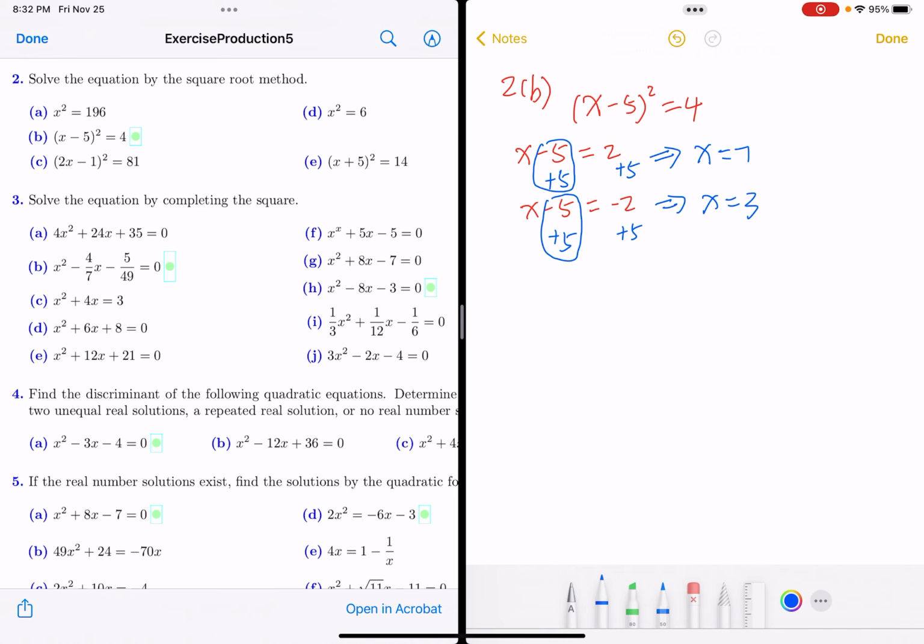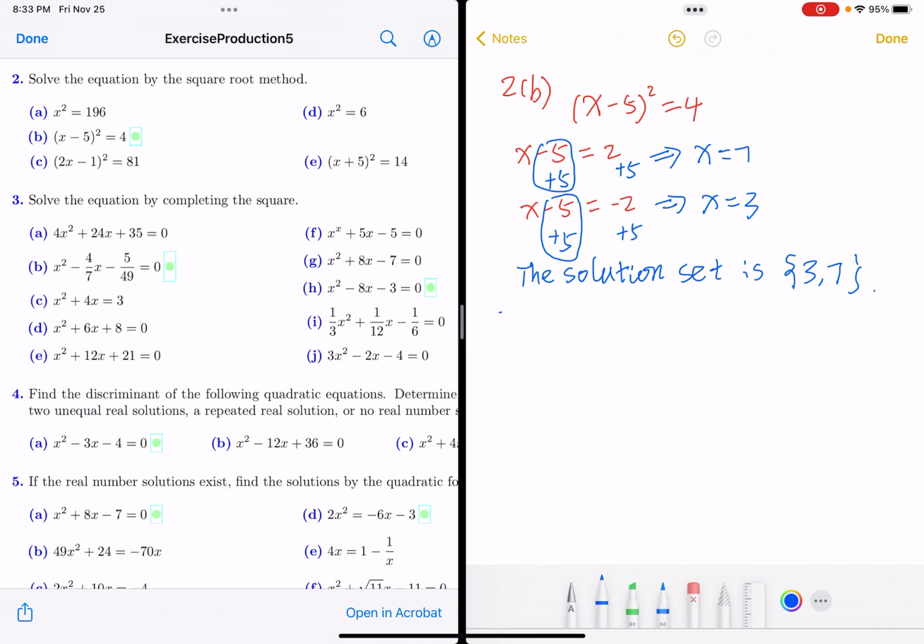So in this case, the solution set is 3, 7. That would be our first question.